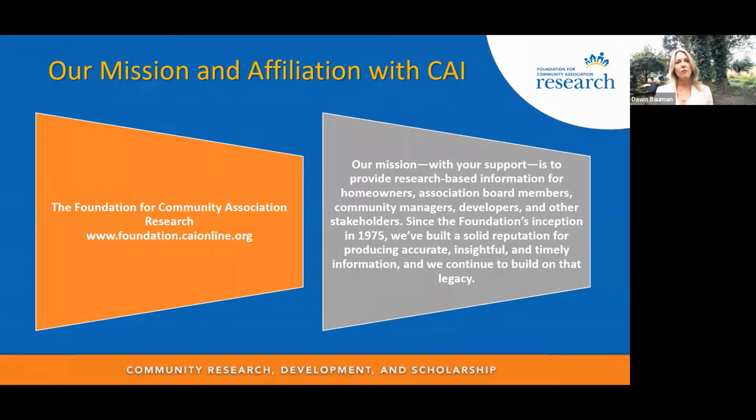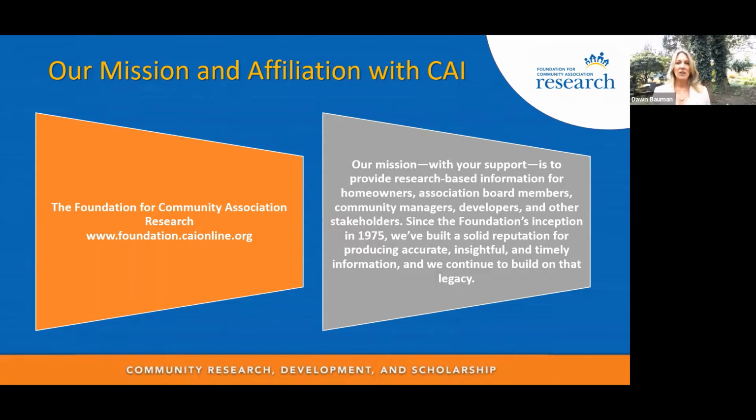There's a very narrow focus for the foundation, and that is specifically to support and provide research on the community association housing model. And again, we were established in 1975. We work very closely with CAI, and we are affiliated with CAI while a separate organization.